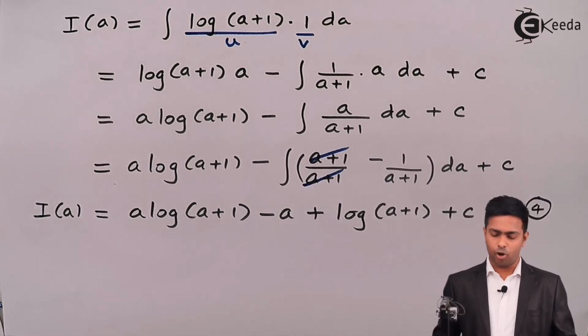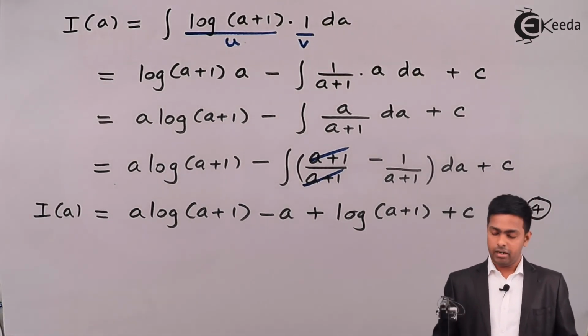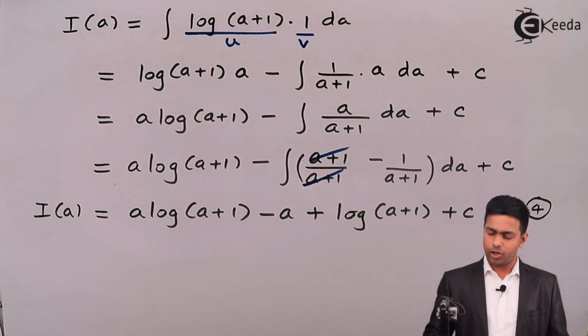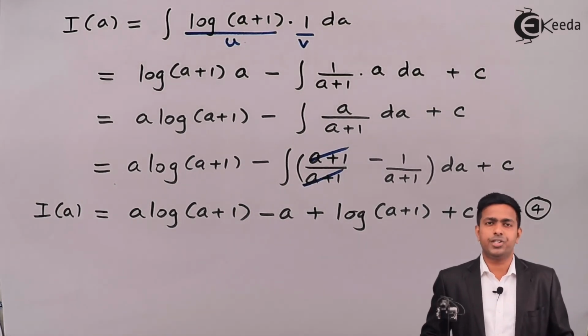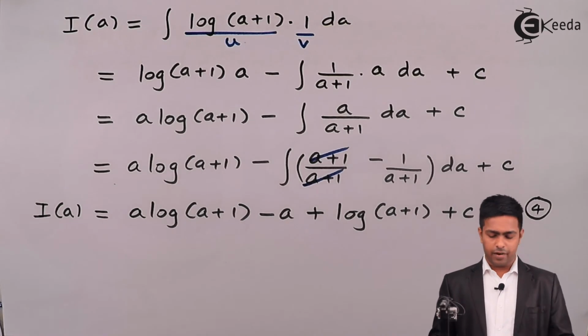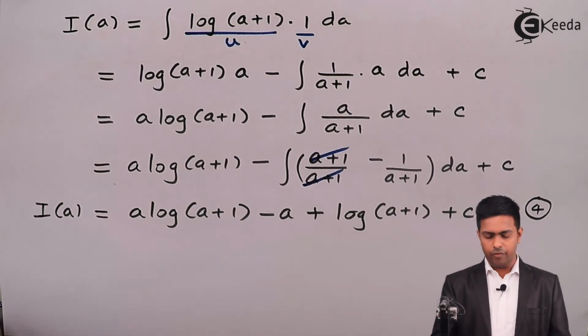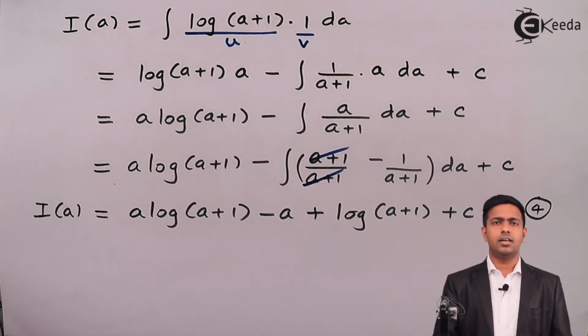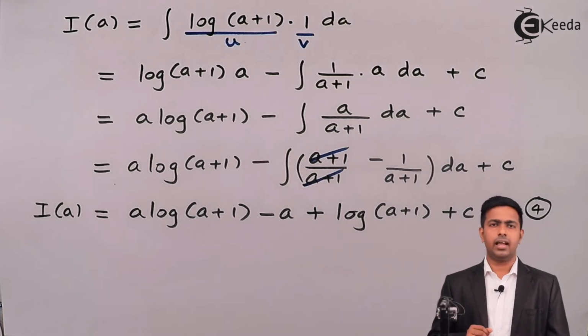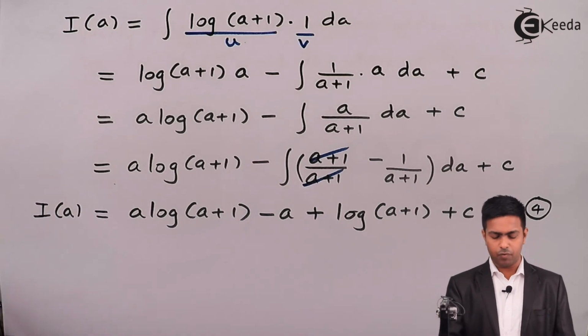So here I got the value of the integral I of a, but we still have the constant of integration c, which we have to evaluate. For that we will consider some appropriate value of a, and we will put that value of a in I of a in equation number 4 as well as in equation number 1.